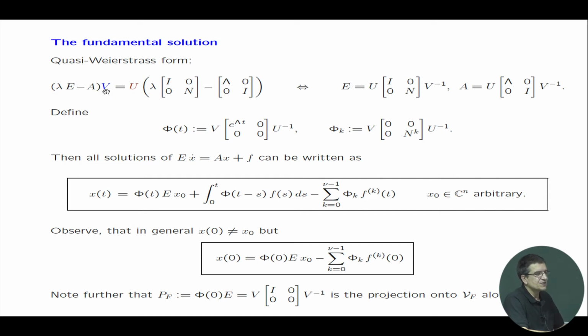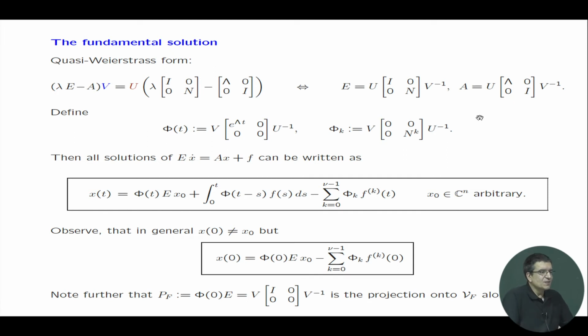I just put matrix V here and the matrix U here. Then this pencil equation is equivalent to these two matrix equations: E equals U times block diagonal of identity and N, times V to the minus 1, and the same with A.